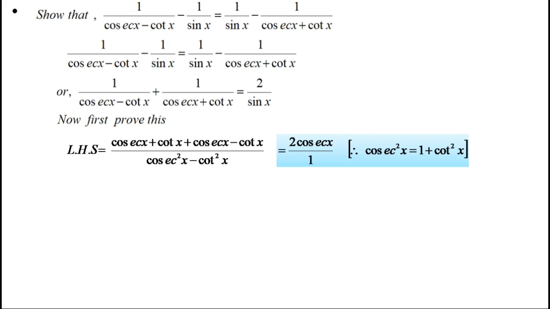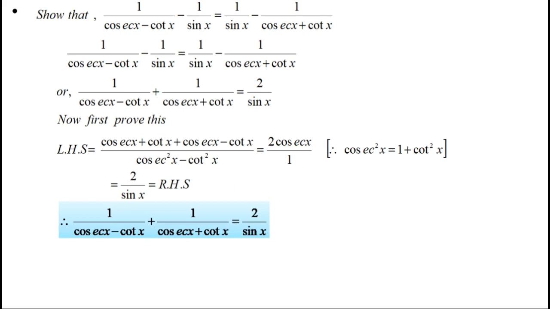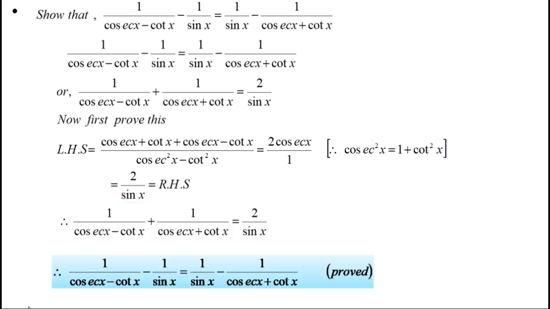We know cosec x is equal to 1 by sin x. Then the expression is equal to 2 by sin x, which is the RHS of the expression. Then the expression is proved, which means the given expression is also proved.